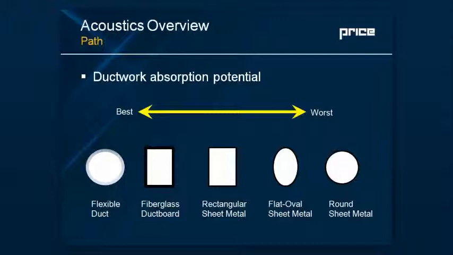So again, on the good side, you're not getting much breakout noise from that round sheet metal duct, but on the negative side, you are containing all of the noise to within that waveguide. So you're just not getting the same attenuation you would if you used a traditional rectangular duct.